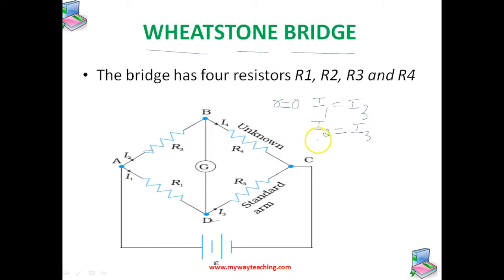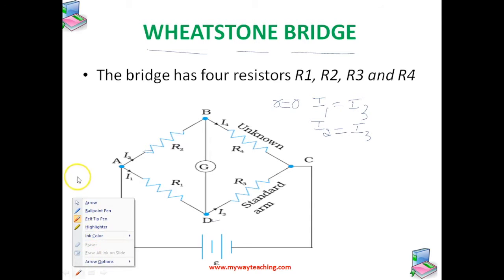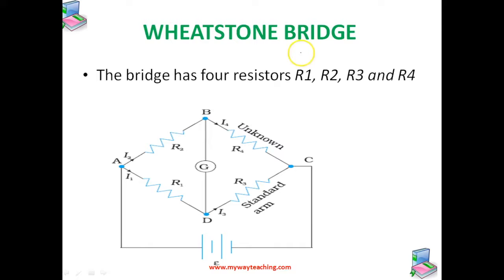So now we apply Kirchhoff's second rule, that is Kirchhoff's closed loop rule, to the loops ADBA and CBDC. The first loop, ADBA, gives us minus I1 R1 plus 0 plus I2 R2 is equal to 0, because the current through the galvanometer is 0, so this 0 is for that.